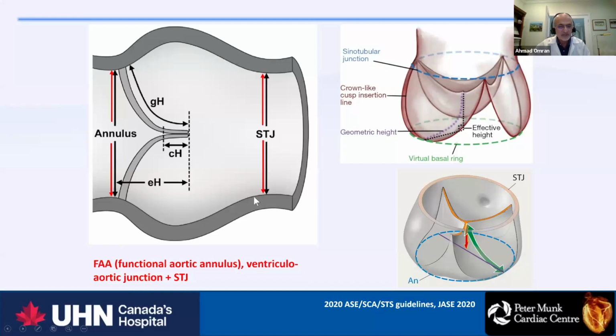I'm showing you only two here. And each leaflet has something called geometric height. This is the actual length of the leaflet. And we have a coaptation height. The coaptation height is the part of the valve leaflets that coapt together. Coaptation height or coaptation length is about 4 to 5 millimeters, but the geometric height of each leaflet is above 2 centimeters, most of the time like 2.5 centimeters.